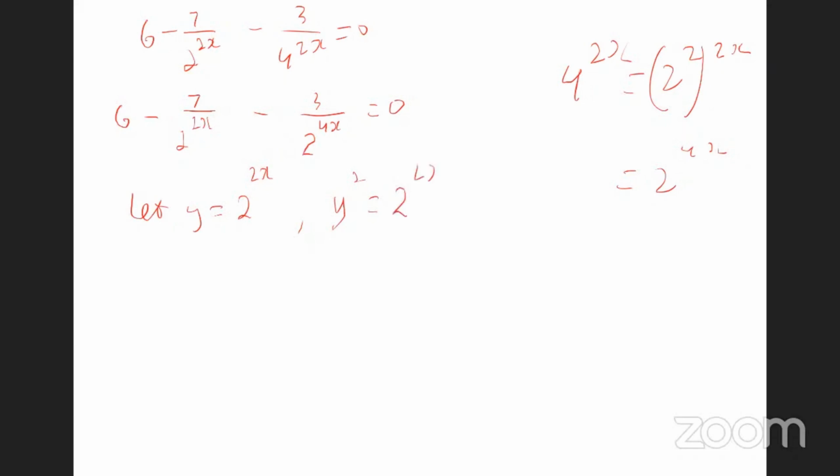So if I make the substitution, I'll get 6 minus 7 over y minus 3 over y squared is 0. How do I remove the fraction? Multiply everything by y squared. So I'll get 6y squared minus 7y minus 3 is 0.